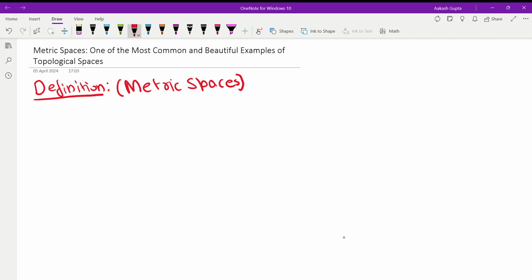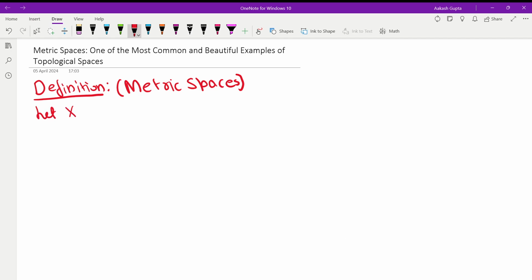A short note on this: I think everybody knows that this definition is actually inspired by the physical distance, right? The properties of the distance that we study in physics. So let us begin with the formal definition.